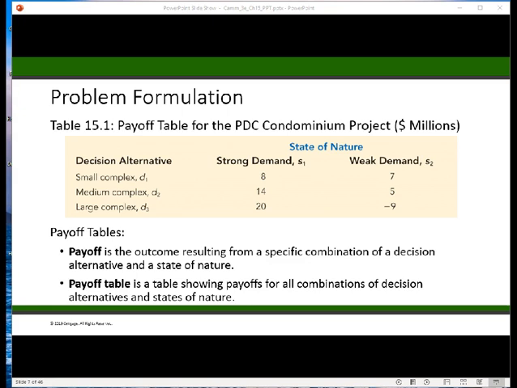So in the table we're looking at here, 15.1, let's take the 20. That indicates a payoff of $20 million will occur if the decision is to build a large complex D3 and we have a strong demand as the state of nature.